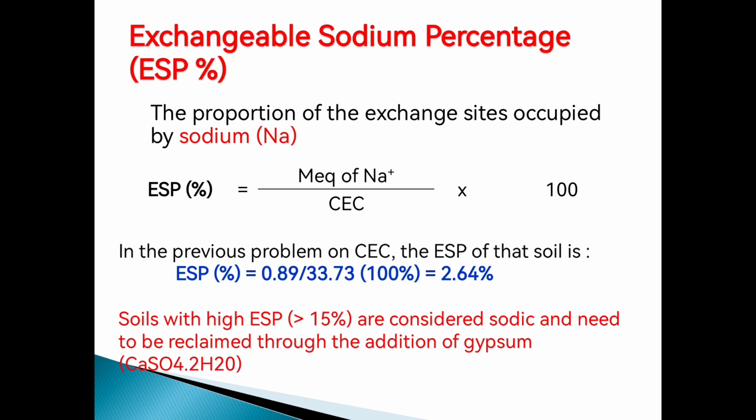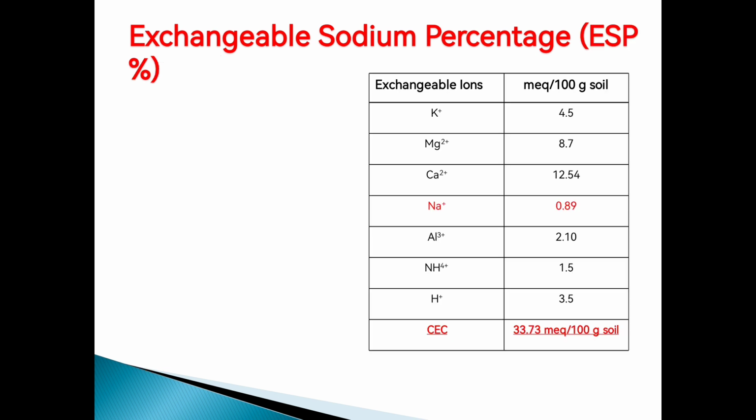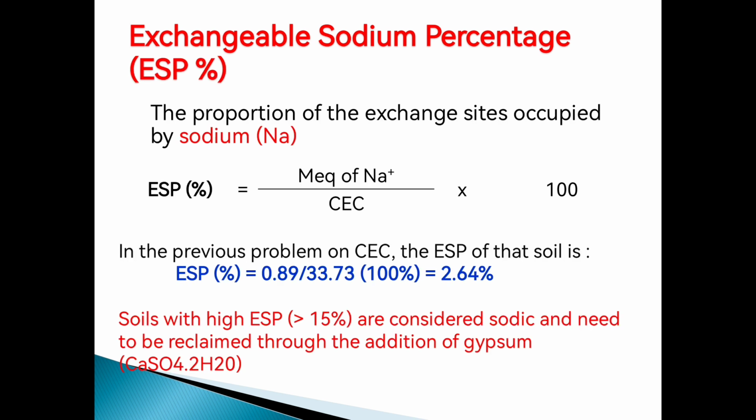So in the previous problem on CEC, the ESP of that soil is 0.89 divided by 33.73 times 100, which is equal to 2.64%. Because only the sodium is considered now. And soils with high ESP, greater than 15%, are considered sodic and need to be reclaimed through the addition of gypsum, which is calcium sulfate.